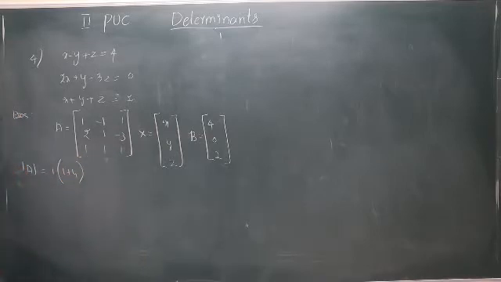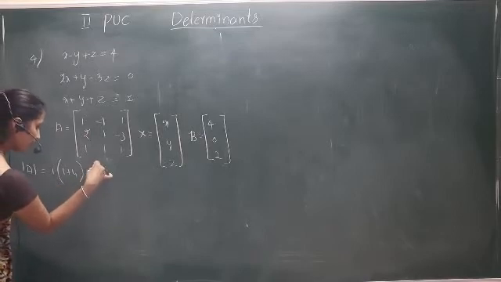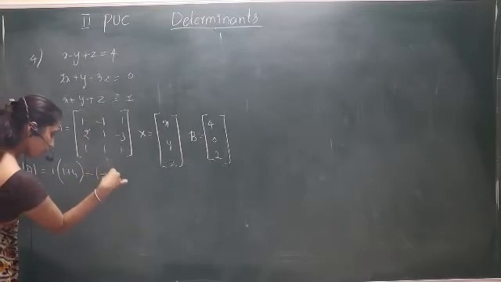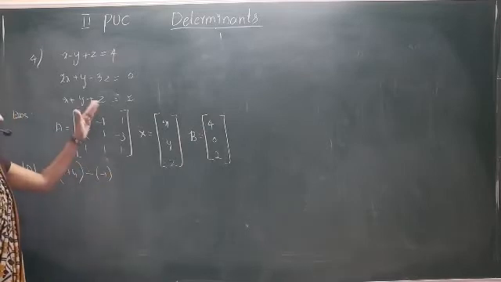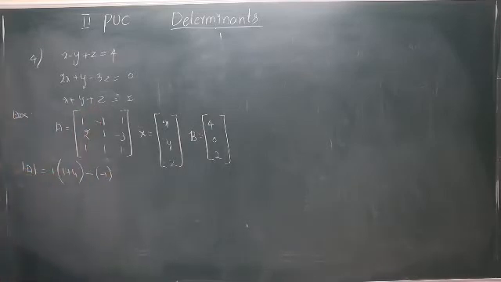Then next one is minus 1; in the determinant formula that sign is a minus, so minus of minus 1, deleting the first and second column, we get 2 plus 3.